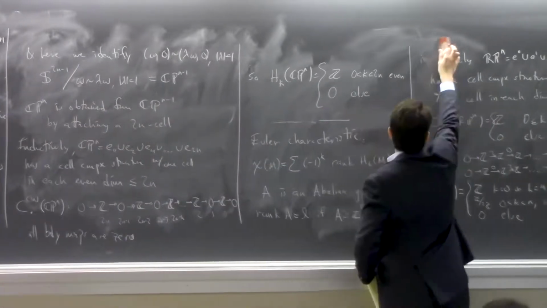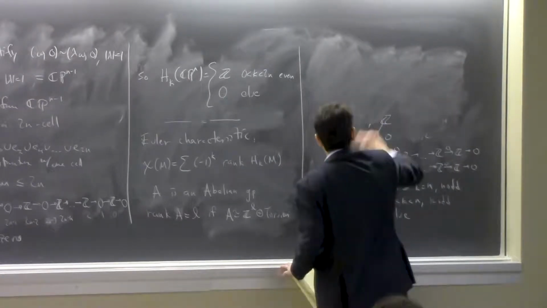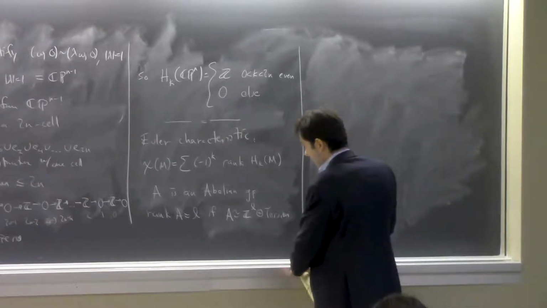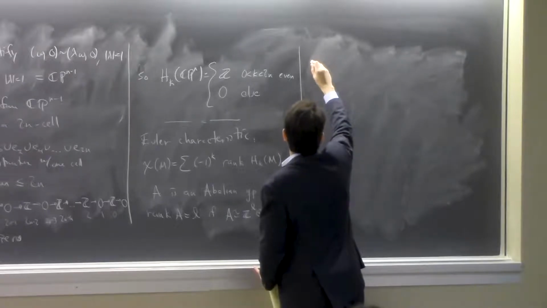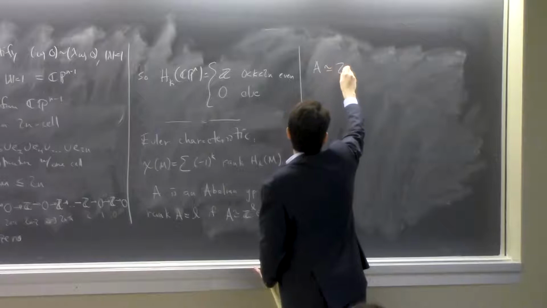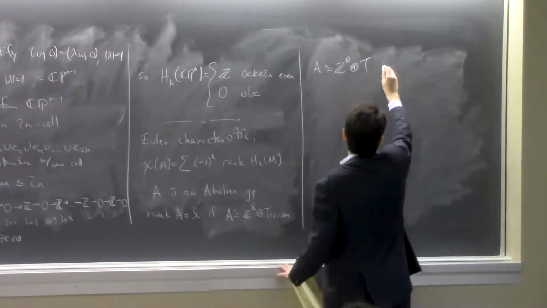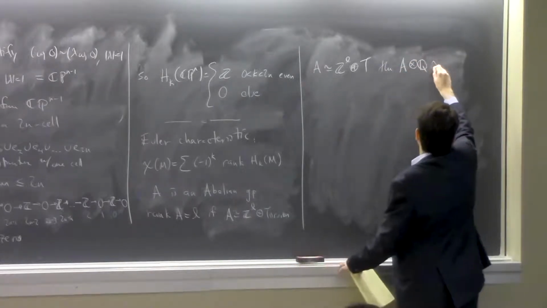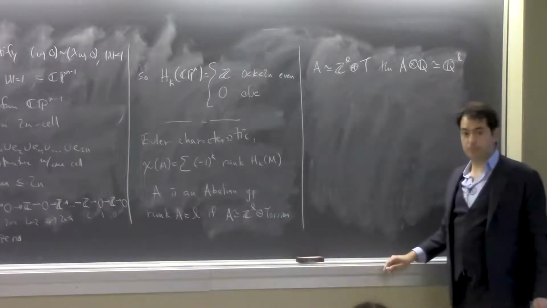One thing we saw before about the rank, and one very useful way of thinking about it, is that if we tensor with Q, and A is given by this, then A tensor with Q is just Q^L.